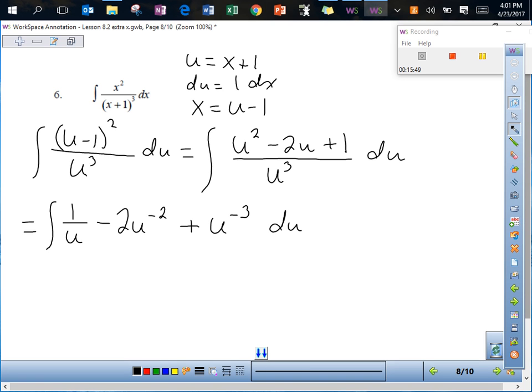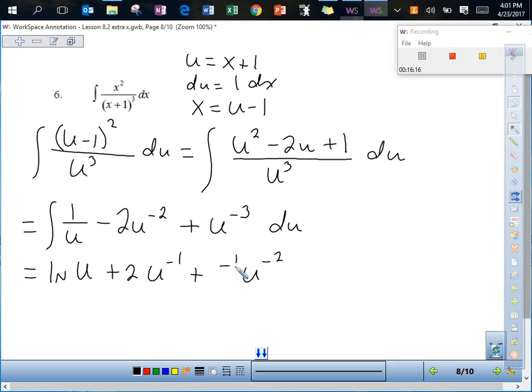So now let's go get this antiderivative. So 1 over u, that's our natural log. So I'm going to have the natural log of u. For this guy, let's add 1 and get negative 1. Multiply by the reciprocal and the negative 2, so it looks like I'm going to get a plus 2u to the negative 1. Plus, add 1, I got negative 2. Offset that with the reciprocal, negative 1/2.